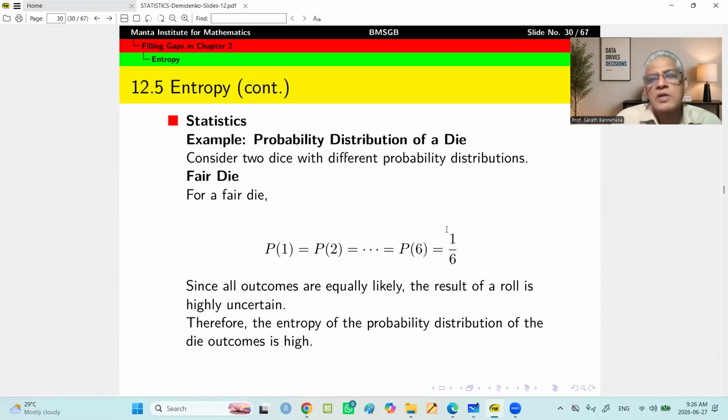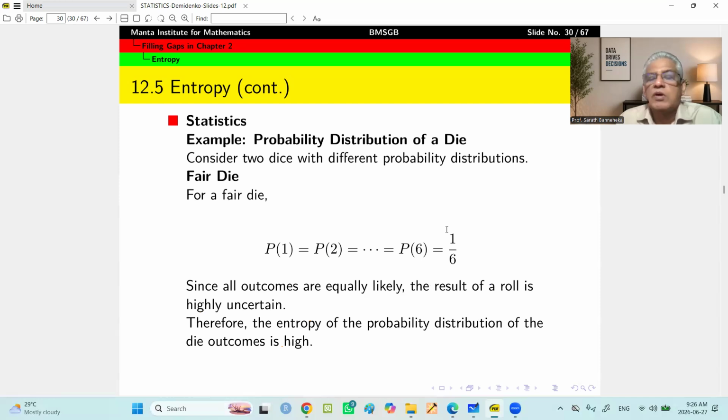If you look at an example in statistics, let's look at the probability of a die. Consider two dice with different probability distributions of getting the numbers from 1 to 6. If you consider a fair die, each side has equal probability.